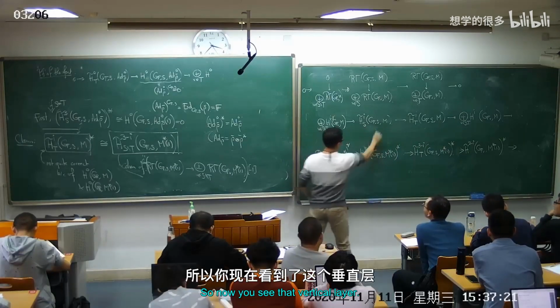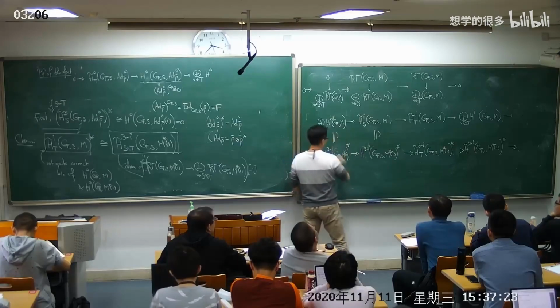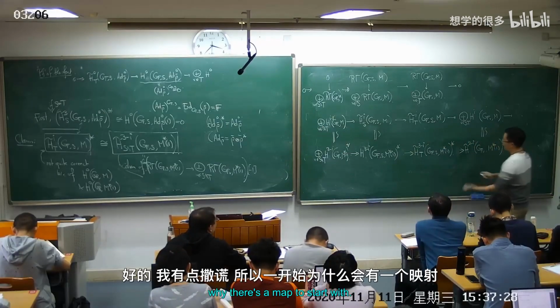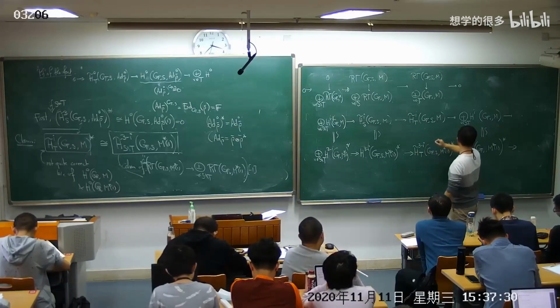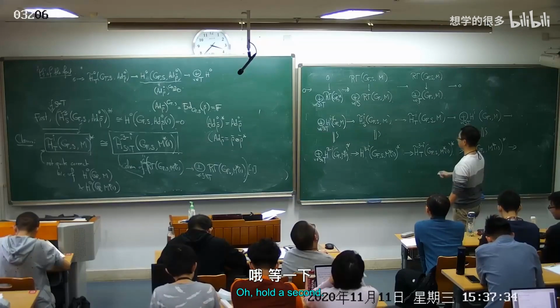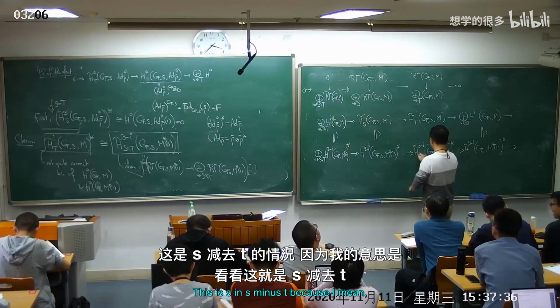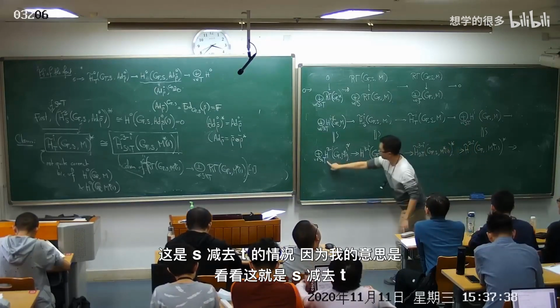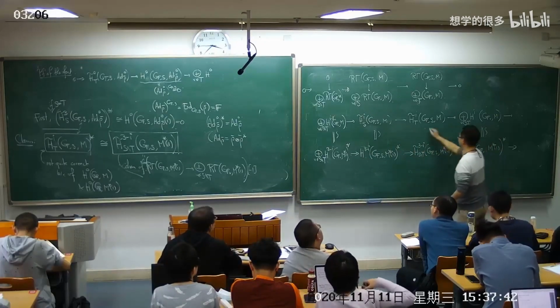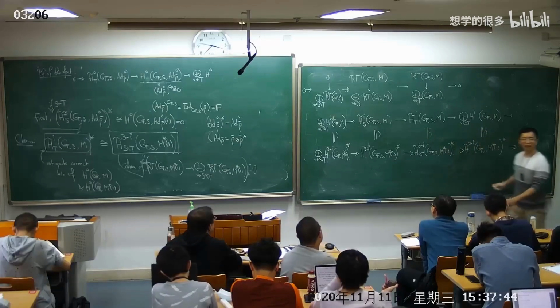Now you dualize everything. So now you see that vertically, these are all isomorphic. I lied a little bit about why there's a map to start with. Oh, hold on a second. This is S in S minus T because the local condition is S minus T. So this has to be an isomorphism.